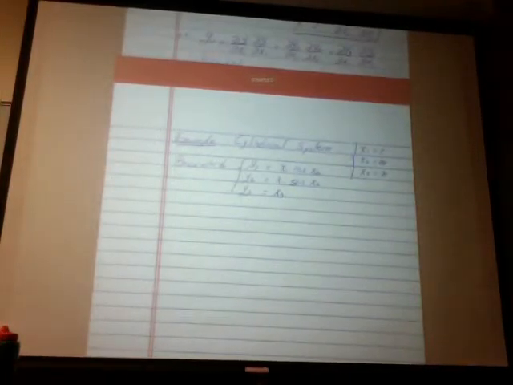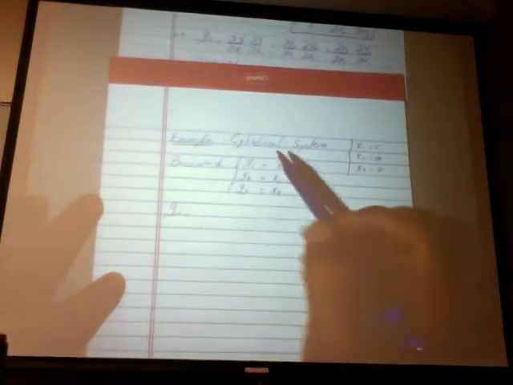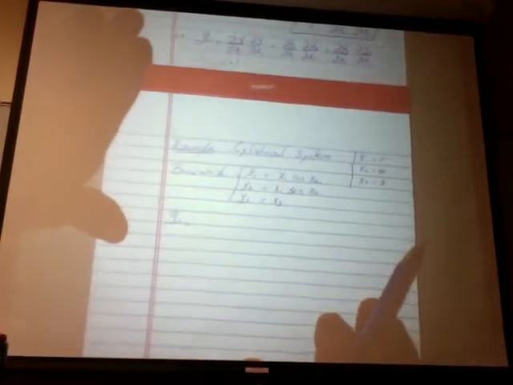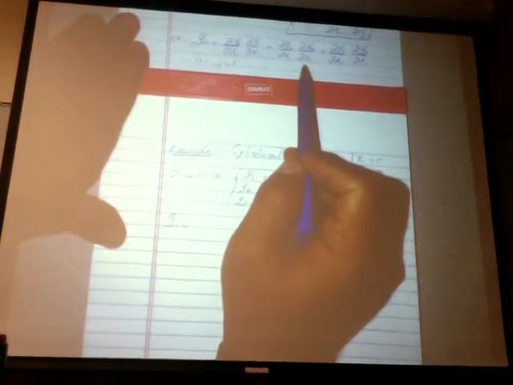Alright, so let's try to determine all 9 elements of the tensor Gij. Well, we know that there's only 6 because it's a symmetric tensor, right? So if we determine 1,3, we don't need to determine 3,1 because it's going to be identical no matter what, regardless of whether it's orthogonal or not. Let's start with the diagonals. G11 is from here: dy1/dx1 times dy1/dx1, dy2/dx1 times dy2/dx1.